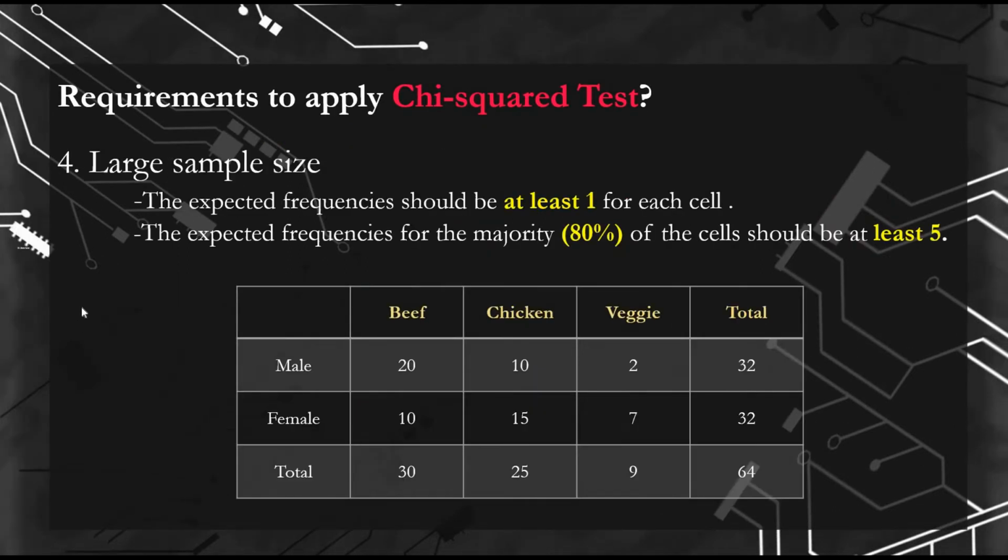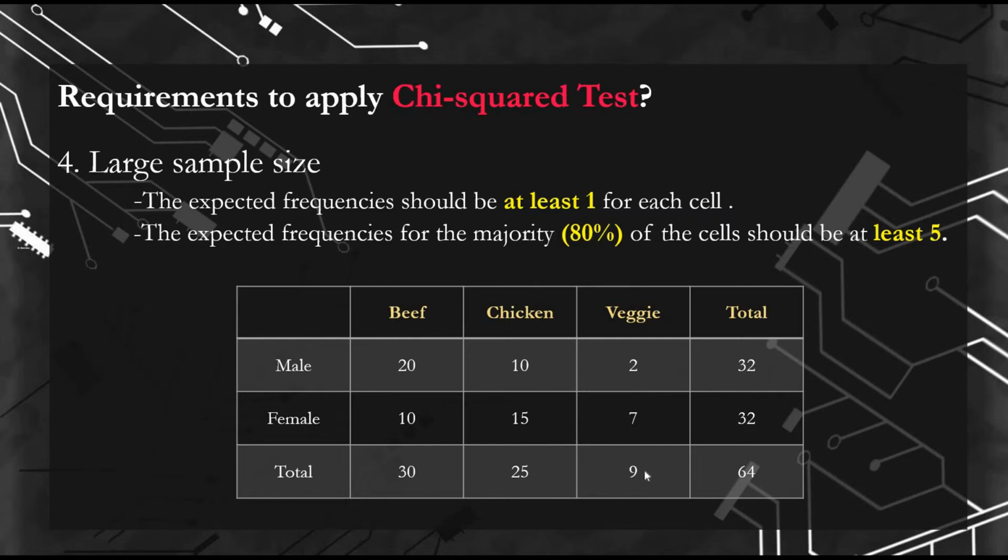The fourth and last requirement, you should have a large sample size. So the expected frequency should be at least 1 for each cell. For example, in this cell we have 2, it's acceptable. But if it's 0, it's not acceptable for the test. And the expected frequency for the majority, 80% of the cells, should be at least 5.